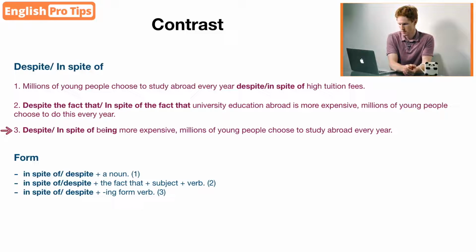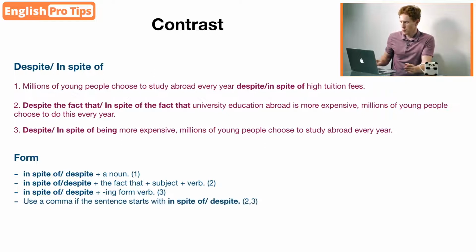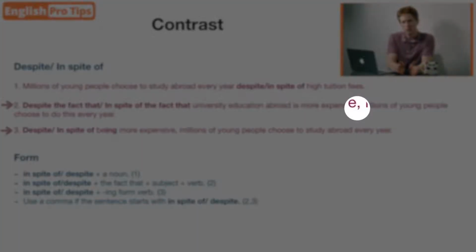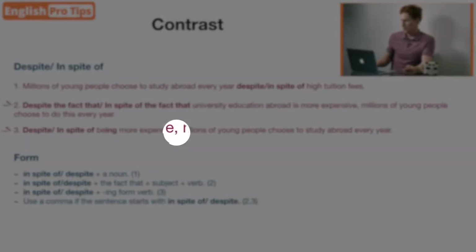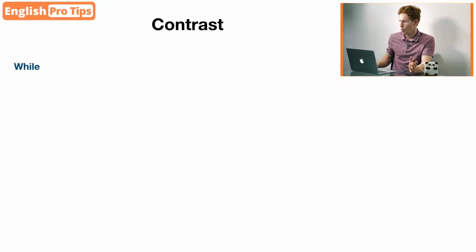Despite being more expensive, or in spite of being more expensive. Okay, we also use commas when we start with these words. So we can see that in sentence number 2 and sentence number 3. Do you see the commas in these two sentences? There they are.